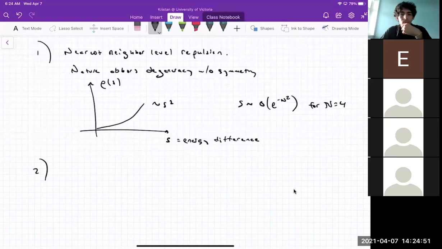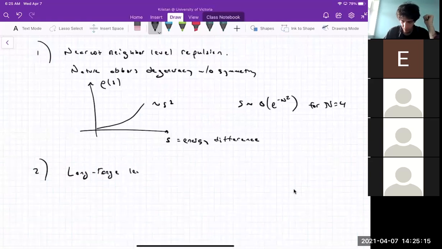You take two states of some energy, and they also will repel each other, even if there's some finite distance away in energy. But the interaction's a little bit floppier. It's not quite as rigid as the very short-range repulsion. This goes by the moniker of long-range level repulsion.